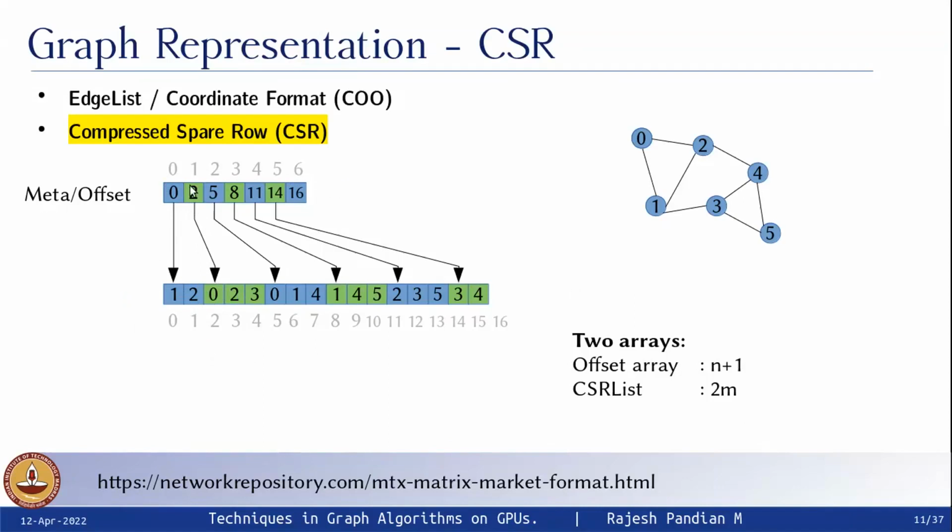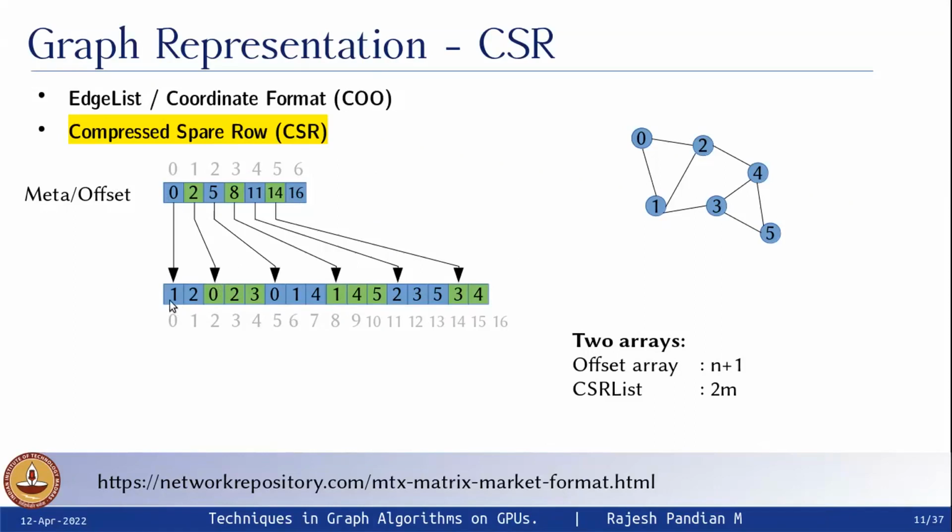The value in the offset corresponds to the starting point of the neighbor list, right? Note that the offset array will contain one additional entry to mark the end. Since we are numbering from 0, 16 is the end of the last list.